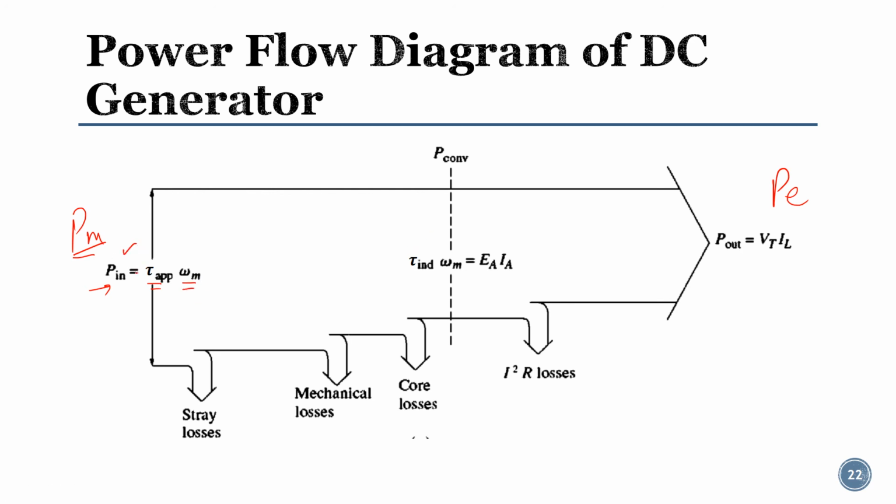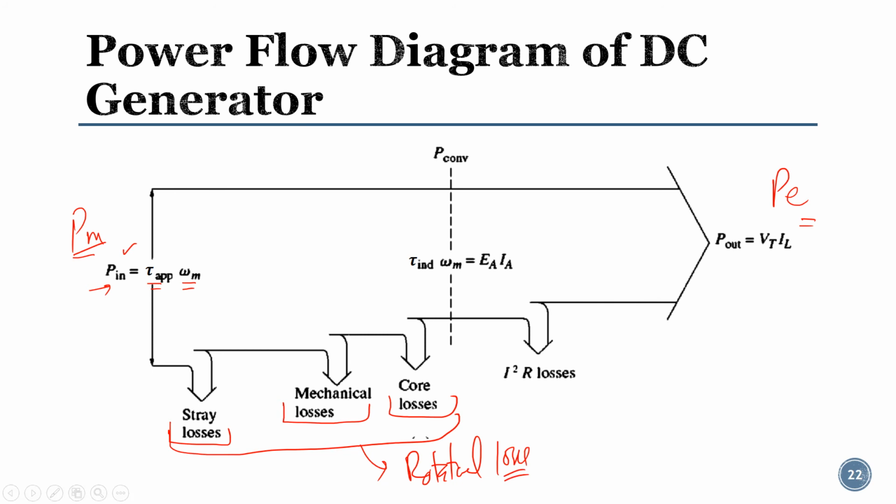Before converting to electrical power, of course there will be stray losses of the core and other miscellaneous losses. There will be mechanical losses and core losses. If you remember, we lumped all these losses together as rotational losses, like in the AC machines.